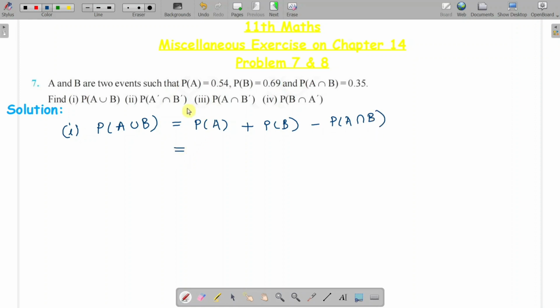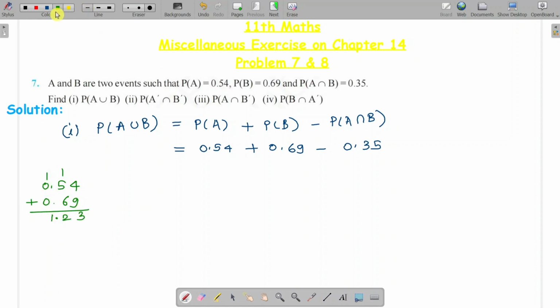So this is equal to P(A) is what? 0.54 plus P(B) is 0.69 minus P(A intersection B) is 0.35. Okay, so if we add this 0.54 and 0.69, we get 9 plus 4 is 13, 5 plus 1 is 6 plus 6 is 12 and 1 here.